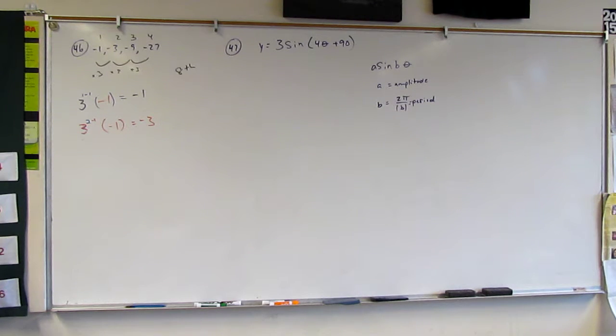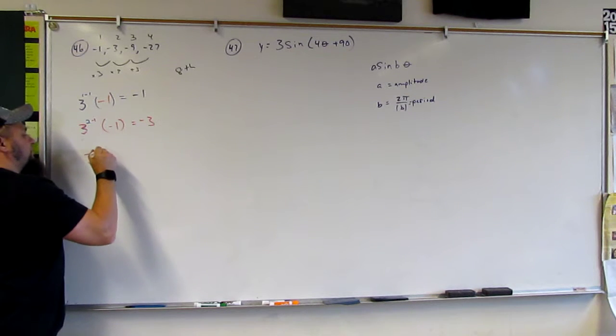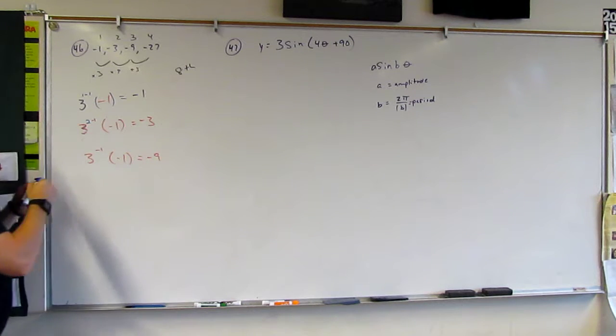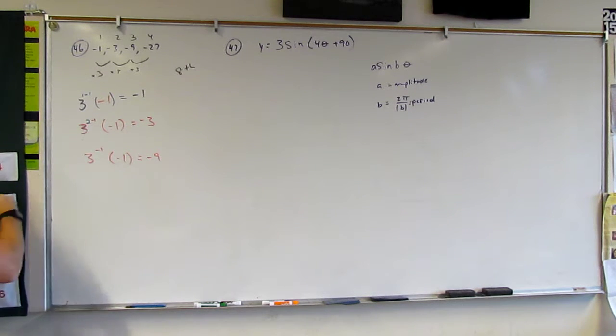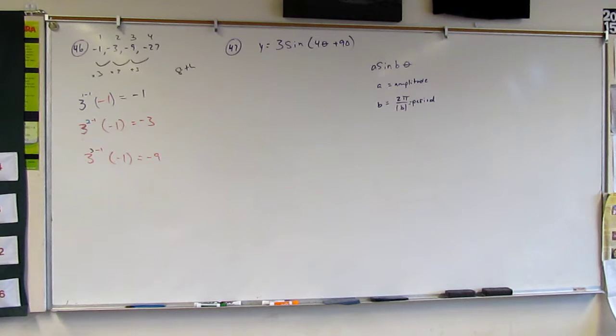Yes. Okay? I plug in the third term, it is 3 to the 3 minus 1 times -1. Is that going to be the third term? Okay? So then I think we got it, right?